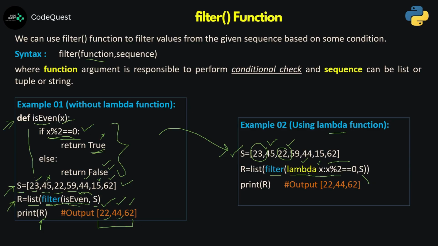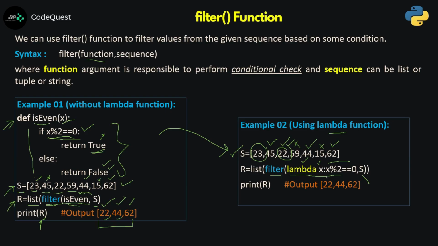We have already told you that a lambda function automatically returns the value, right? So 22 is returned, 59 is not satisfying, 44 is satisfied so it is going to return, 15 is not satisfied, 62 gets satisfied. So while the lambda function is working on x values like 22, 44 and 62, this condition gets satisfied.